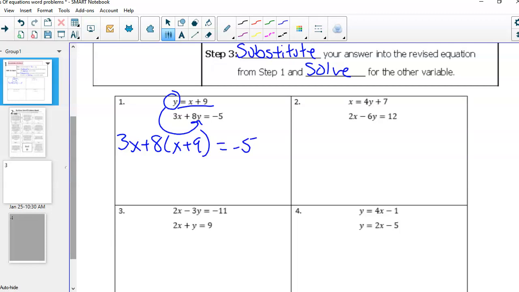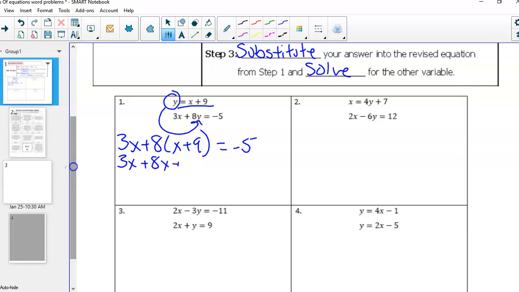Anytime you substitute one equation into the other, whatever variable you were starting off with disappears. That way you can combine like terms. That should always happen. So now we're just solving this for x. So we need to do what here? Distribute.